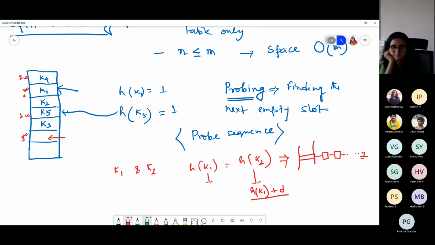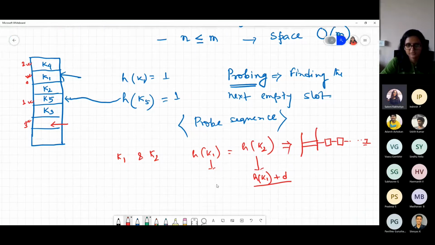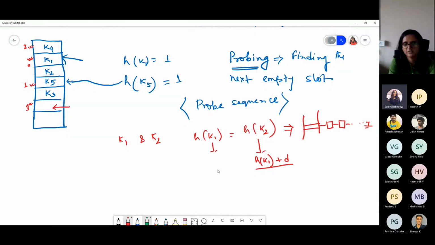Any idea? Either we can store that distance. So only H and the key value will not be enough, right? We need something else along with that.